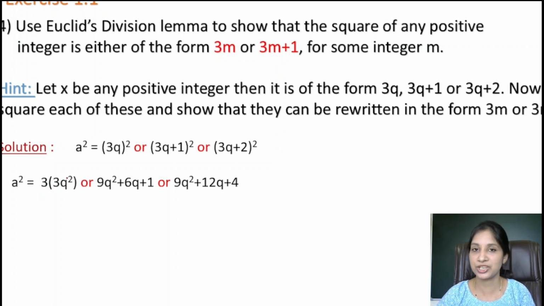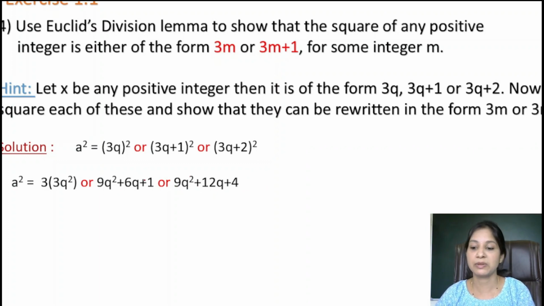There will be no change in the value. Again 3q plus 1 the whole square is 9q square plus 6q plus 1 by using the equation a plus b the whole square. Similarly 3q plus 2 the whole square, if I use that formula, I will get 9q square plus 12q plus 4.